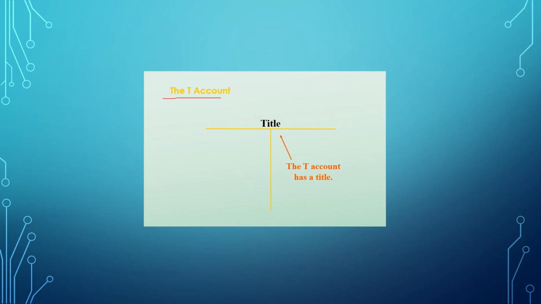We have two sides of the T, the left and the right. The left side is called the debit side, while the right side is called the credit side.